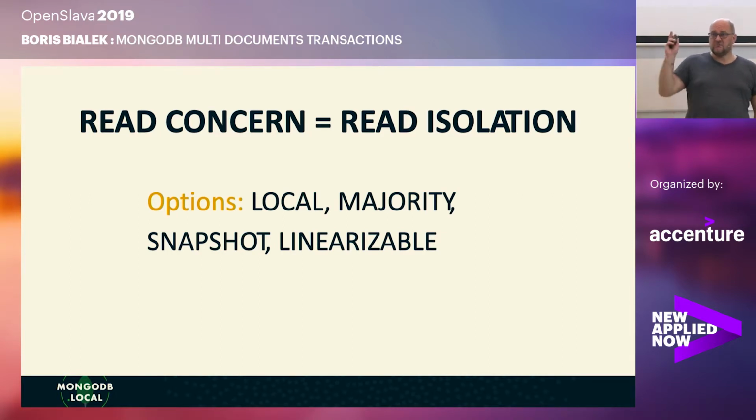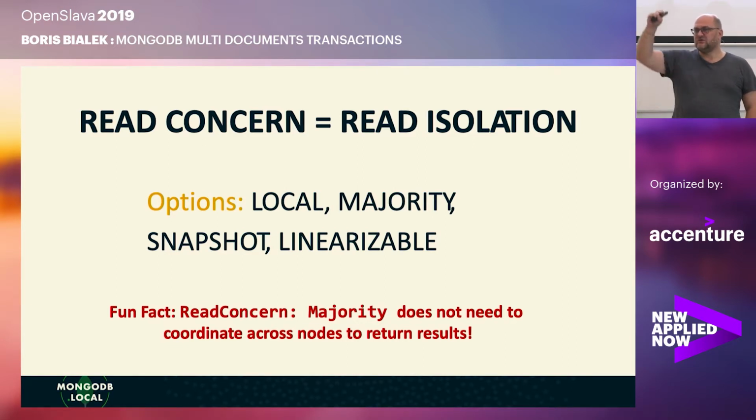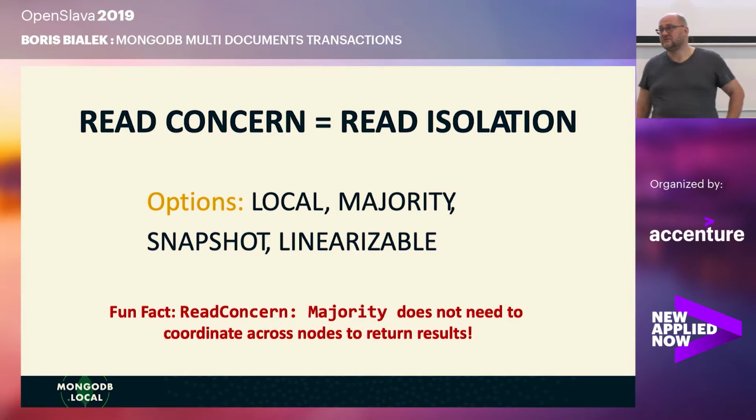Local makes sense. Majority makes sense. Snapshot makes sense. Now, anybody has an idea why majority does not need to coordinate across nodes? Because the router knows what is executed and can always check for majority write on the coordinator. The coordinator knows if it's written or not, and therefore can reply on the majority back. Not something very difficult to do. Very, very easy.